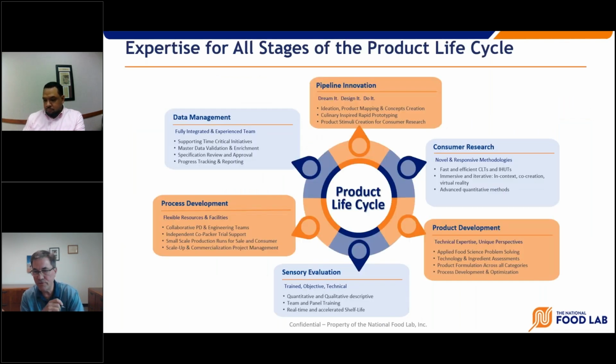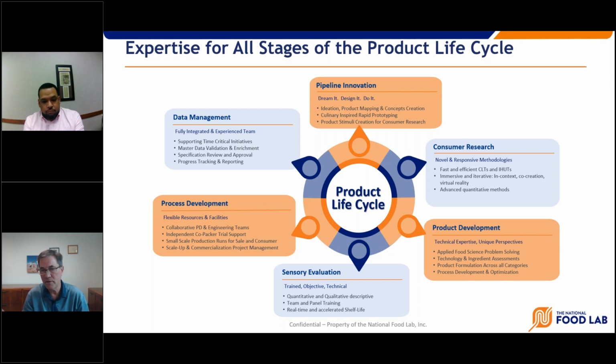When we get into the National Food Lab's general capabilities, we do everything from pipeline innovation, think about what's new, how are we going to make it, how do you look at those concepts, how do you get consumer feedback. We have a full suite of consumer research, whether it's central location tests, home use tests, co-creation with the appropriate stimulus.